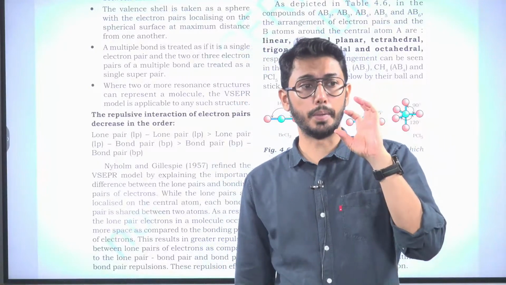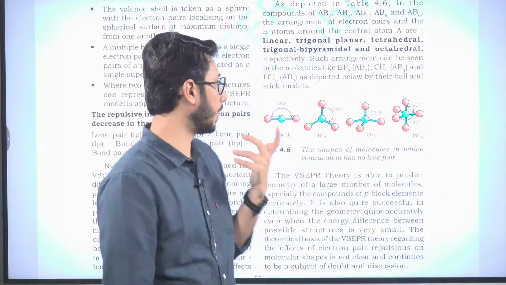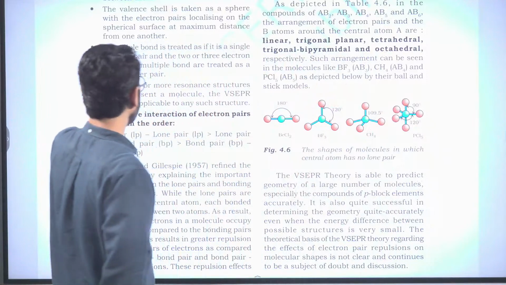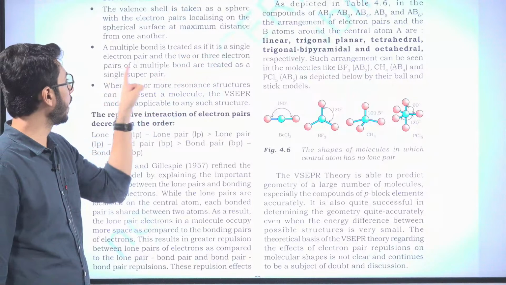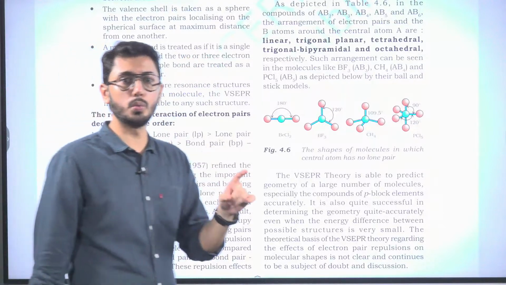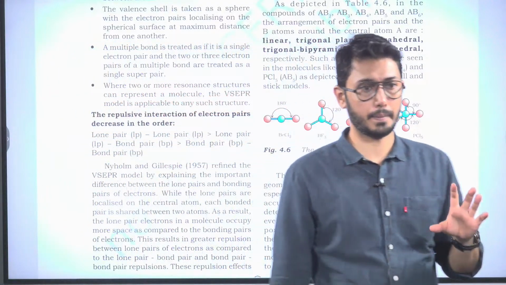These are the principles of which model? The VSEPR model. So as per this, a multiple bond is like a single electron pair, or 2 or 3 electron pairs are like a single super pair. Okay?